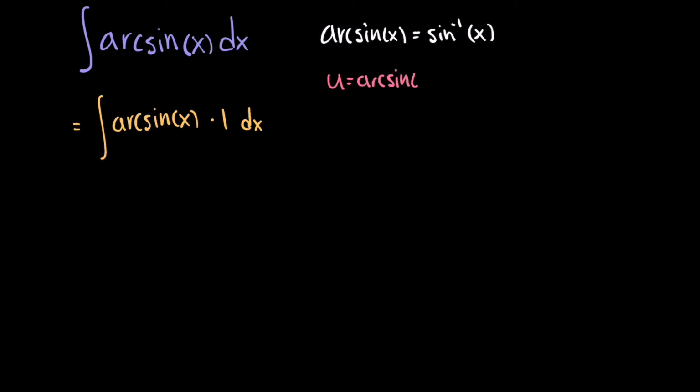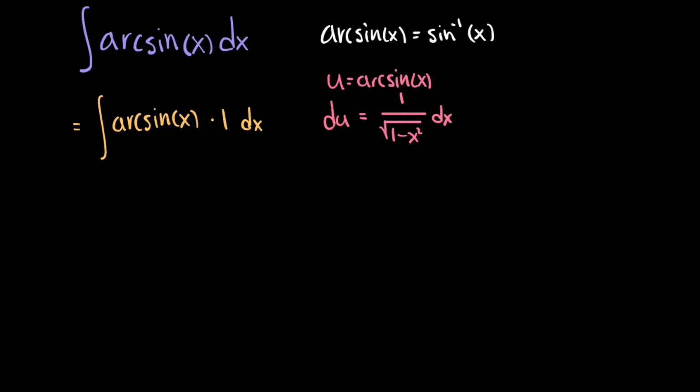arc sine x. Now, taking the derivative of both sides, we get du is equal to 1 over the square root of 1 minus x squared dx. And just for future reference, this is one of those derivatives that would be very helpful to remember in an exam-like situation.